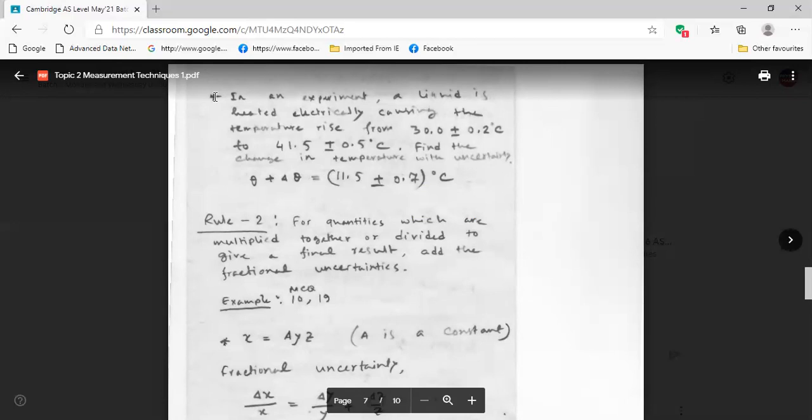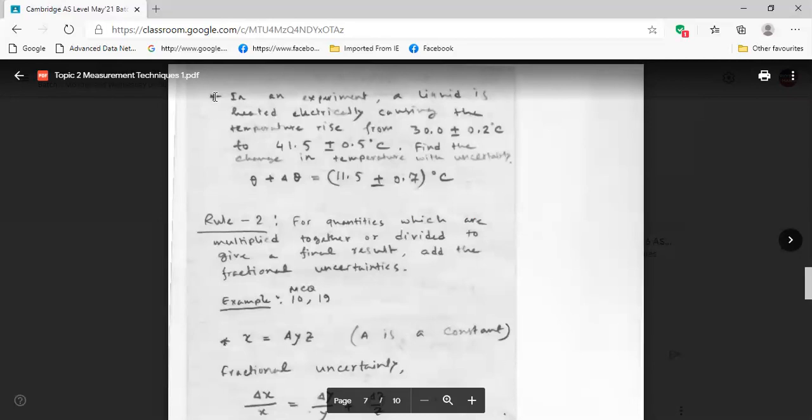Find the change in temperature with uncertainty. So your change in temperature will be 41.5 minus 30, that is 11.5, and now the uncertainty will be added. 0.5 plus 0.2, it will be 0.7.